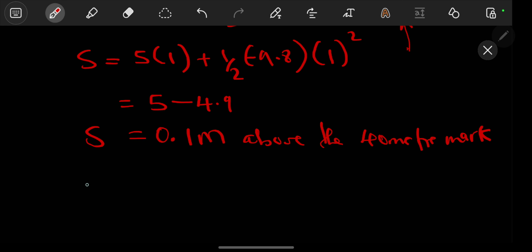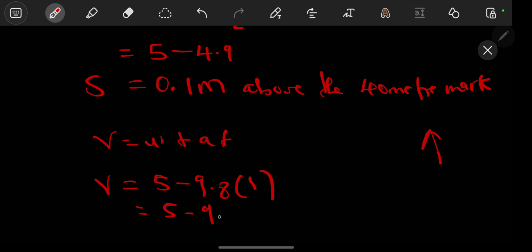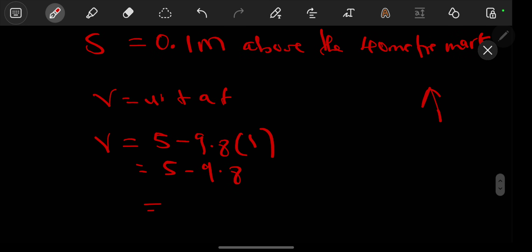So let's look at our velocity during the same time. Velocity is equal to u plus at. The initial is 5, then minus the acceleration due to gravity, which will be negative since the sandbag was still going a bit up, 9.8, then our time is equal to 1 second. So we have 5 minus 9.8. If we subtract this, we get a negative 4.8 meters per second.